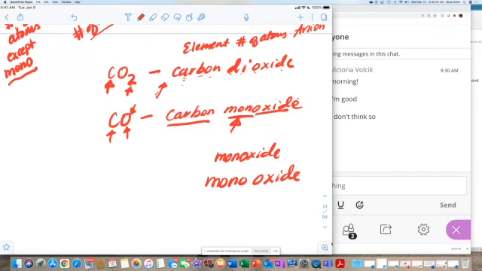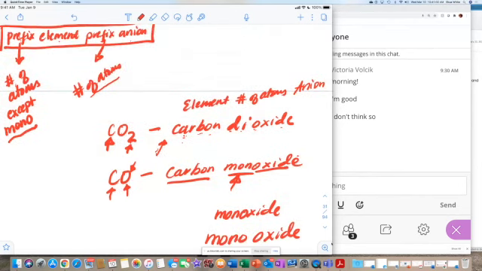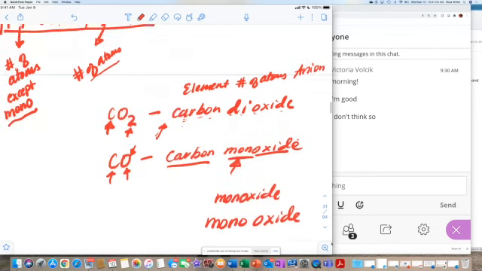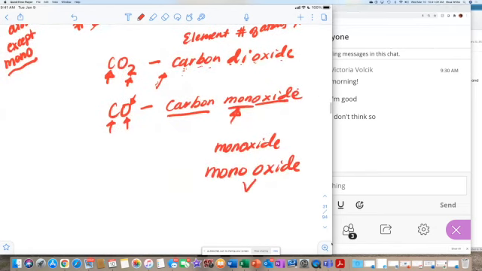I did not say mono-oxide. So we're going to start practicing these rules. Don't worry. Right now, I'm just trying to lay them out. When it comes to the second prefixes here, they consolidate O and O, and A and O. So O and O, if you have mono-oxide, they drop off one of the O, so it becomes monoxide.